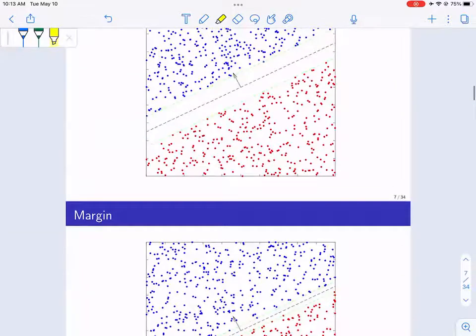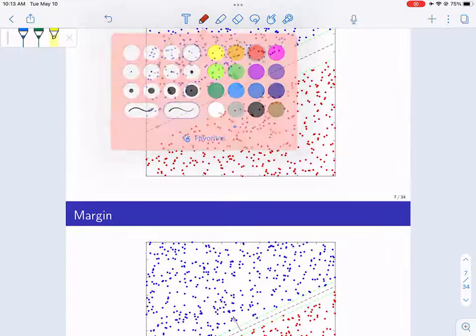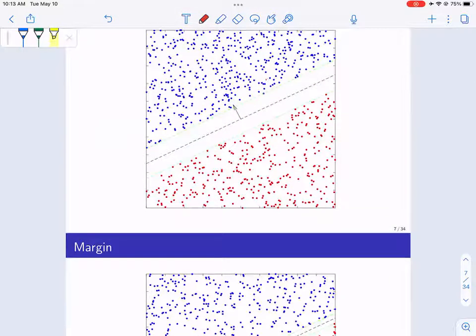I might have some of the red points on this side, and some blue points might be over there, right? Then it's not going to be possible to separate them by a linear hyperplane. What can we do then?